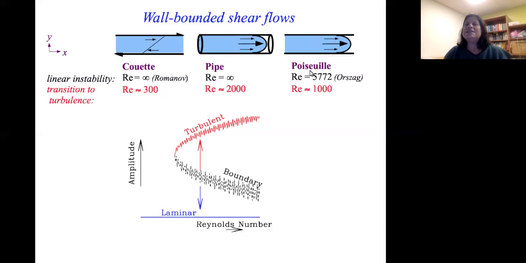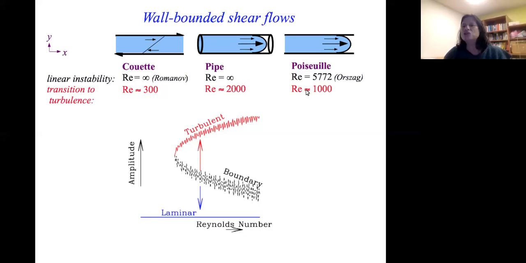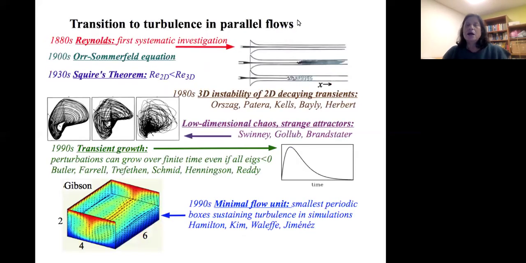Poiseuille flow is linearly stable until a Reynolds number of about 5,000, but the transition to turbulence is much lower, and it has nothing to do with the linear instability. And these are the approximate Reynolds numbers at which one sees transition to turbulence in plane Couette, pipe flow, and plane Poiseuille flow. So there's something going on that is not explained by linear stability theory.